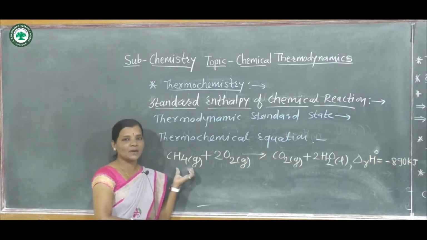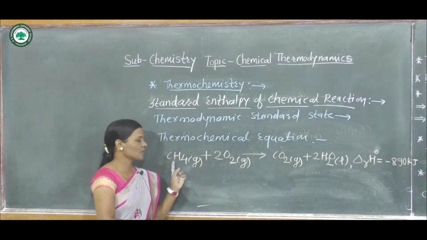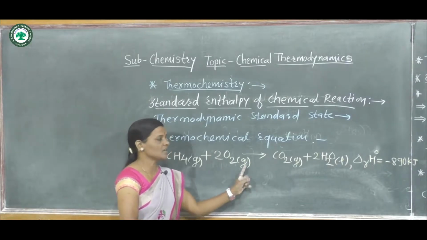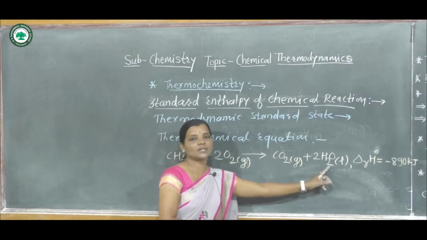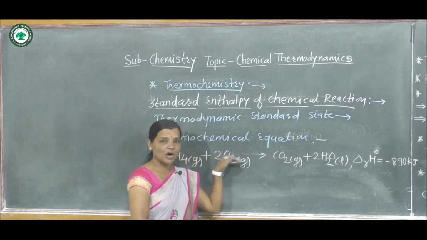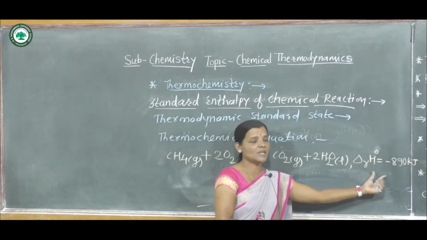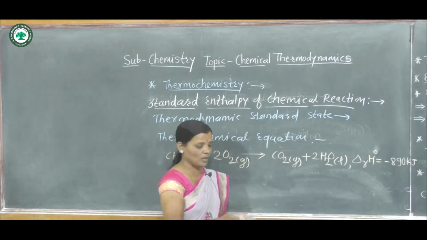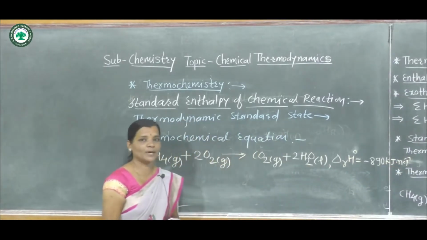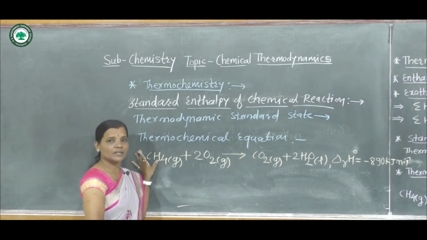Also, every reactant and product is present in its standard physical state: CH4 is gaseous, oxygen is gaseous, CO2 is gaseous, and water is liquid. This reaction goes in the forward direction, and the standard enthalpy for this equation is minus 890 kilojoule per mole, and hence we can say that this is the thermochemical equation.